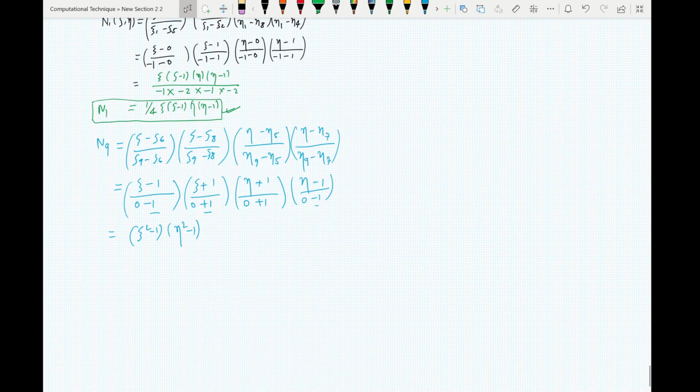So this is how you can solve for your shape functions using the Lagrangian method as well. This is all about obtaining shape functions using different methodologies. You can either use the Lagrangian method, or you can use the normal geometrical method that we did before. So this is it for today.